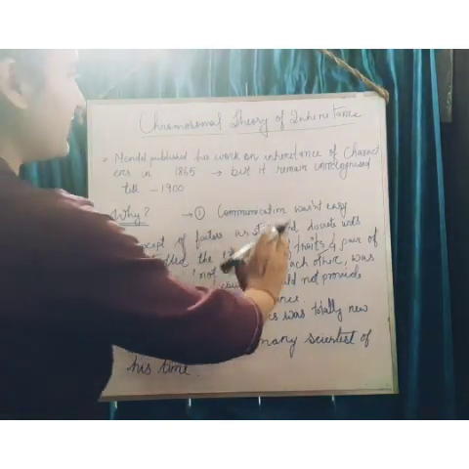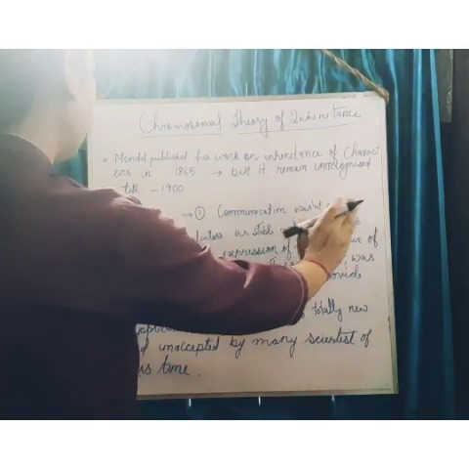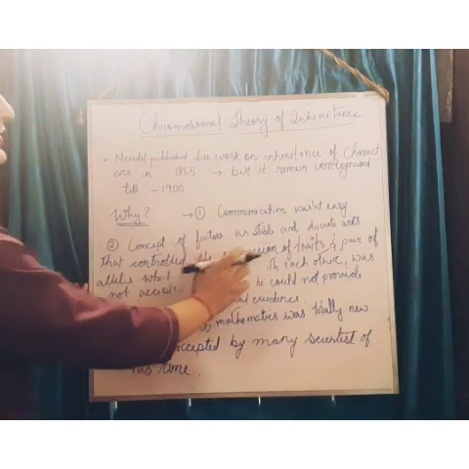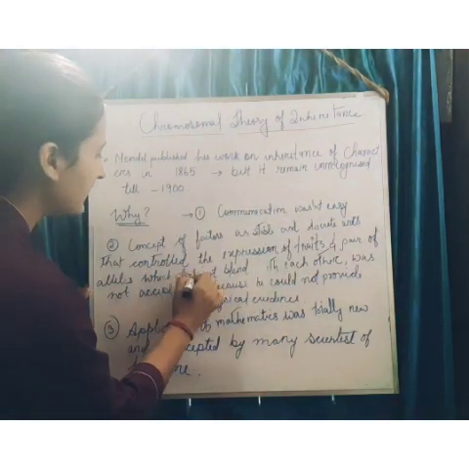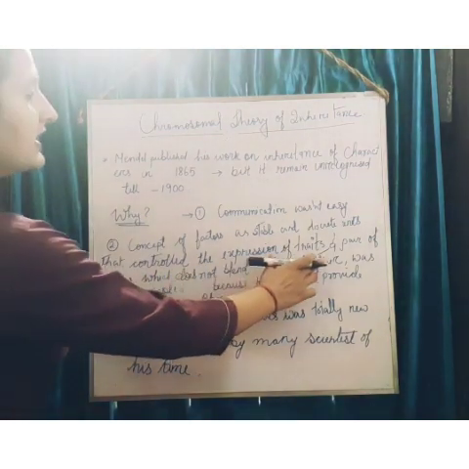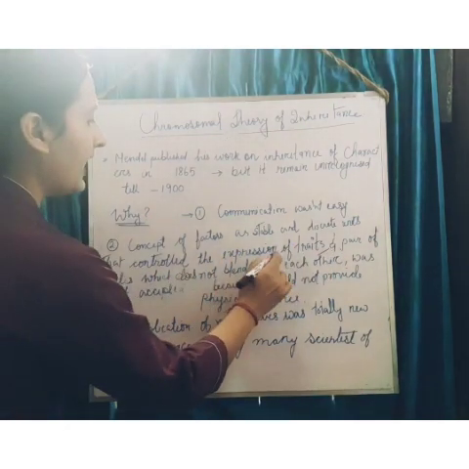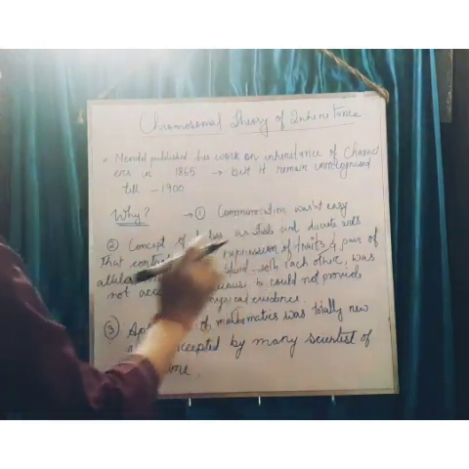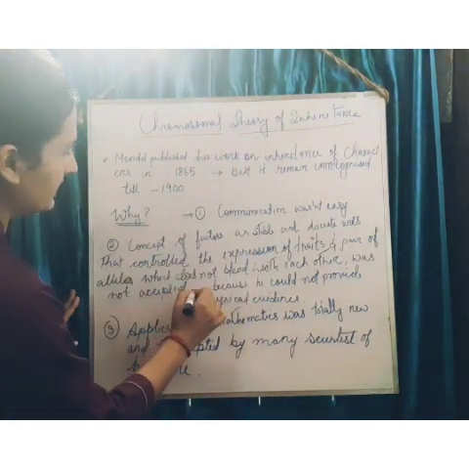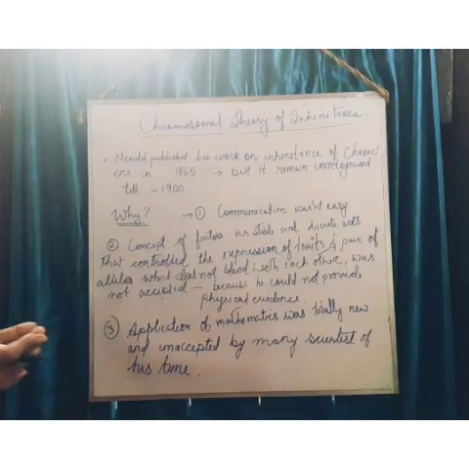His concept of the factor as a stable and discrete unit that controls expression of traits, and of a pair of alleles which do not blend with each other, was not accepted. Why was this not accepted? Because he could not provide any physical evidence.